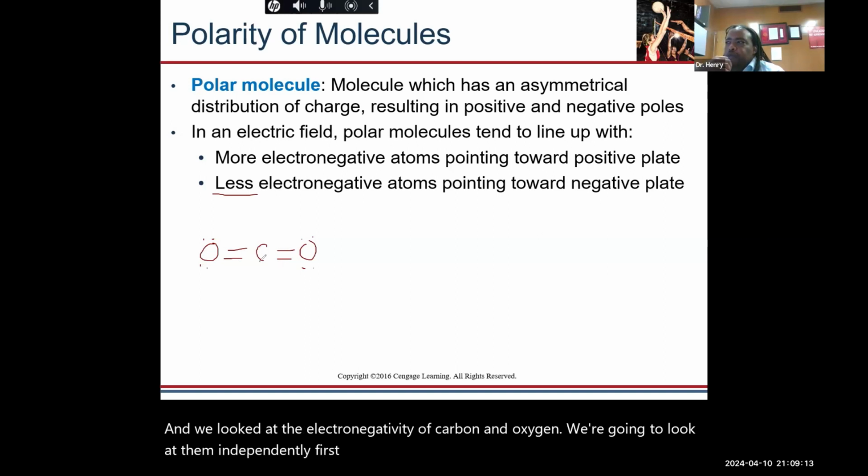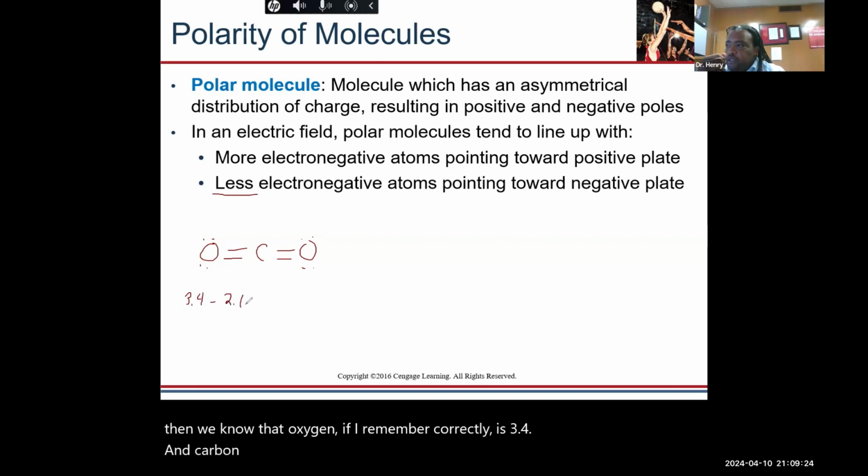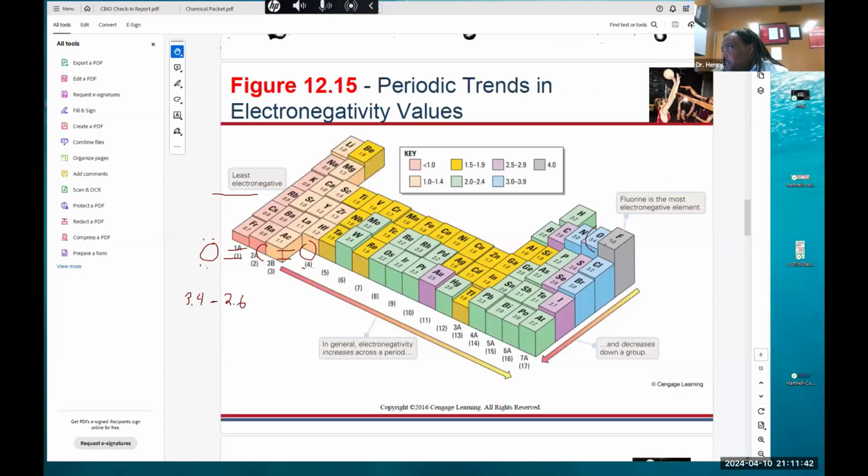If we have a bond between carbon and oxygen, then oxygen, if I remember correctly, is 3.4 and carbon is 2.6. You're going to get that from that table. Let me pull it up. Oxygen is 3.4, carbon is 2.6. So that is a difference of 0.8. We know that that's greater than 0.5, so it's a polar bond.